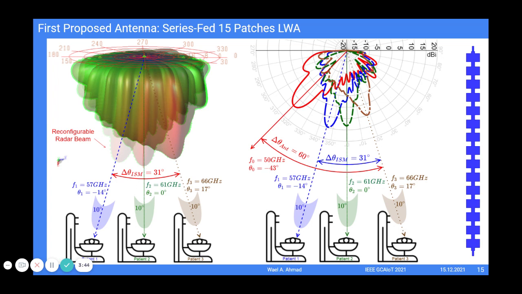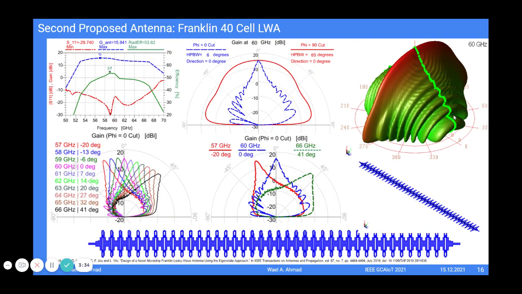And to increase the scanning range within the available bandwidth, we can increase the number of elements, or we can redesign it. And this is what we are proposing next. We have a 40-cell Franklin leaky wave antenna. Xinghao Lu designed this antenna, and more analysis can be found in his journal article here.